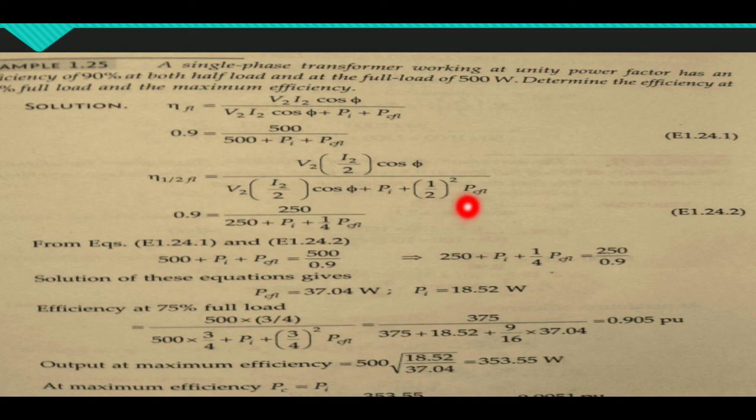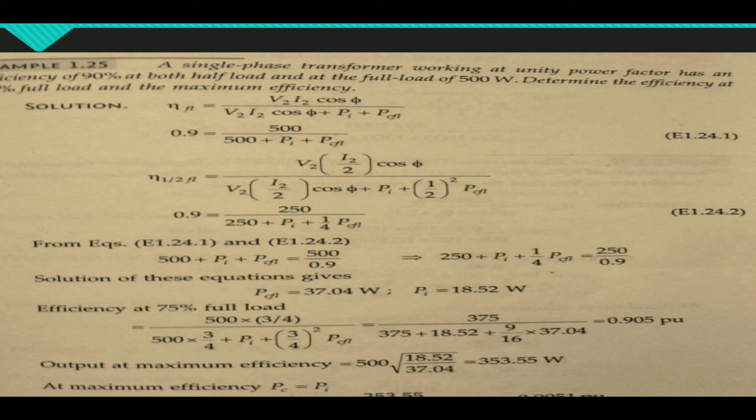Okay, that is the I square R loss, so the current is squared. So 0.9 equals 250, that is 500 by 2, that is 250 output, and 1 by 2 square, that means 1 by 4 PCFL, and Pi, the iron loss, is constant, because iron loss depends upon voltage, not upon current. So when the load is half, the voltage is not changed, the load current is also half.